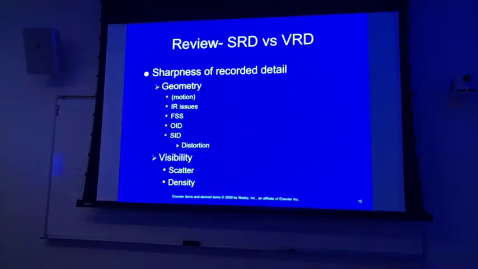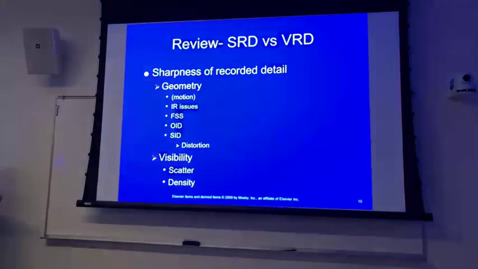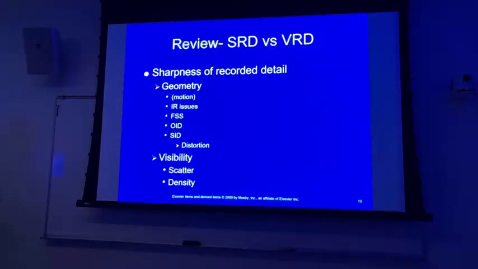Then we talked about the review of sharpness, recorded detail versus visibility. Visibility is really your contrast and your density, and how we maximize your contrast and optimize your density, and everything else is basically geometric factors. We talked about motion being the most significant.